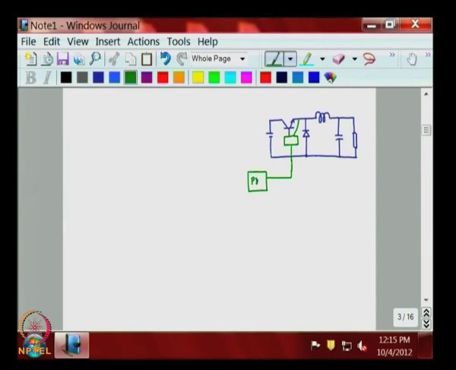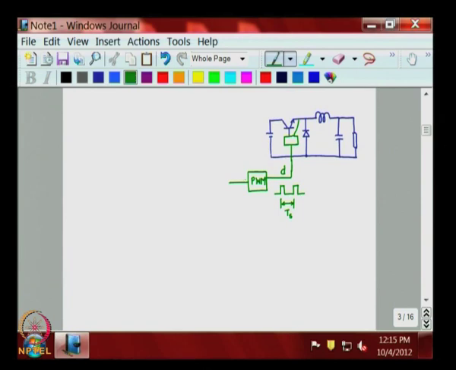So, here you will have your PWM IC, which is going to give out signals in this fashion, where the on time can be varied. This is the switching time, switching period. The on time can be varied. So, which basically means that we are giving a duty cycle input to the buck converter.